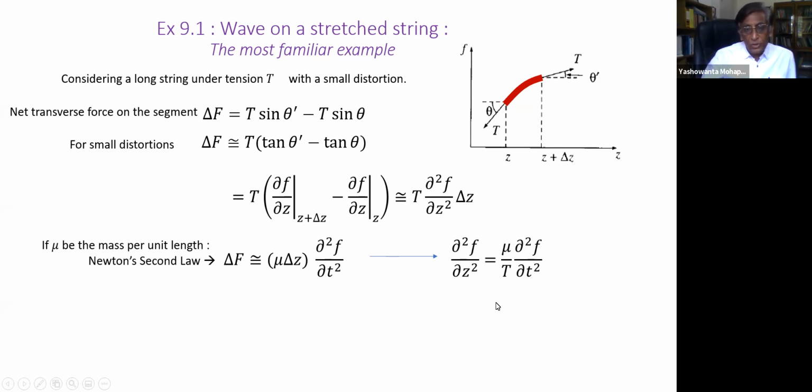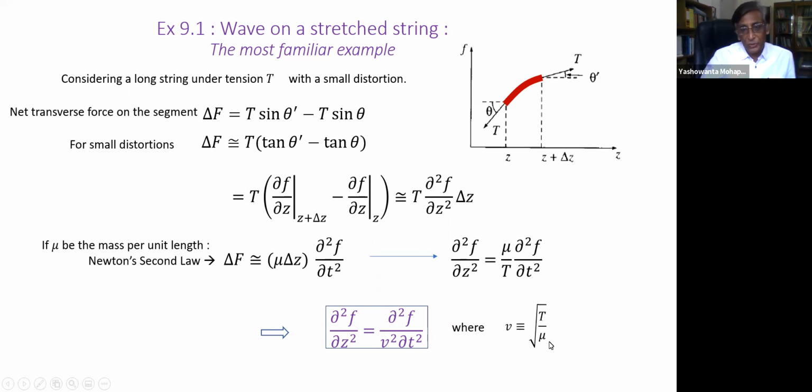So this distortion then obeys this equation, and I can write this quantity as del square f by del z square equals 1 by v square del square f by del t square, where v is equal to root over t by mu. This is particularly for a string. So the small disturbance on a taut string under tension satisfies this equation.